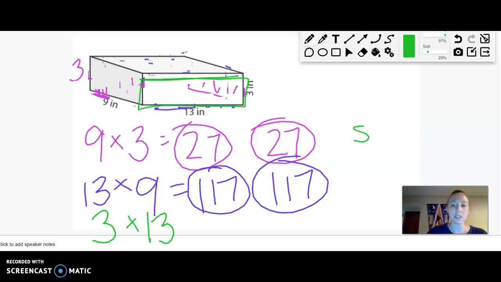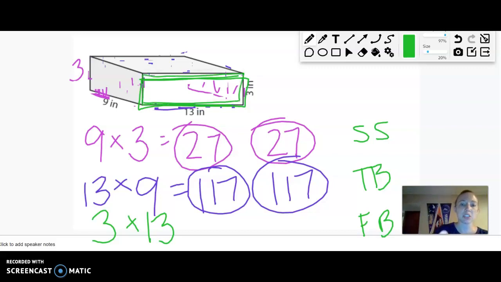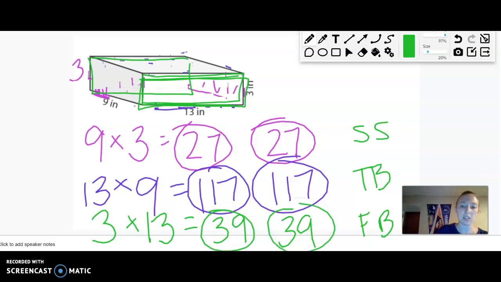These were the sides, this was the top and the bottom. I still need to do the front and the back. I've got to go in pairs like that. So 3 times 13, which is 39, and then I need the back, which is also going to be 39. So then I can just add all those 6 numbers together.